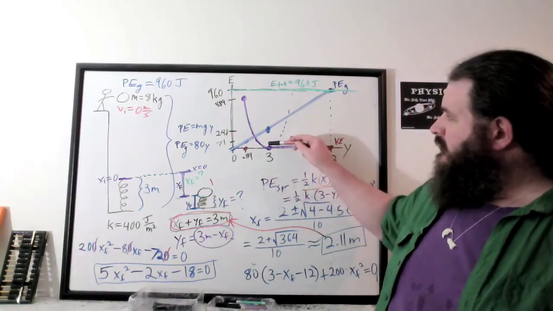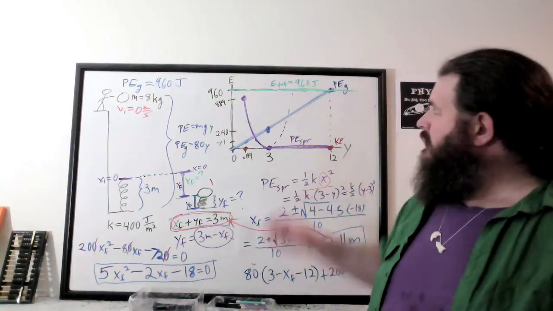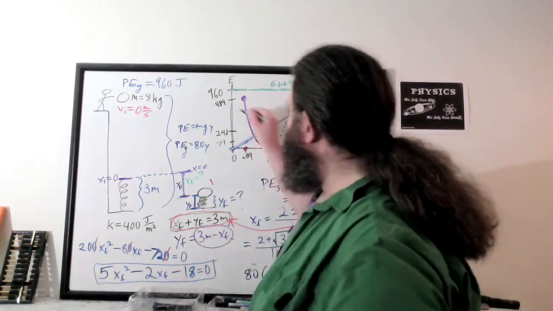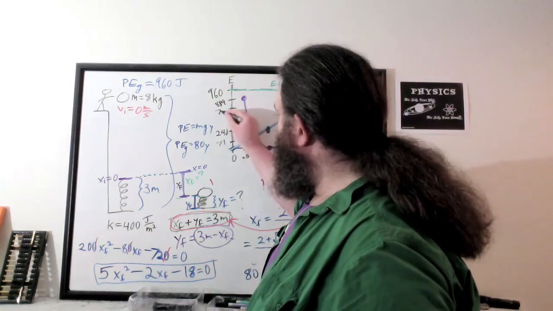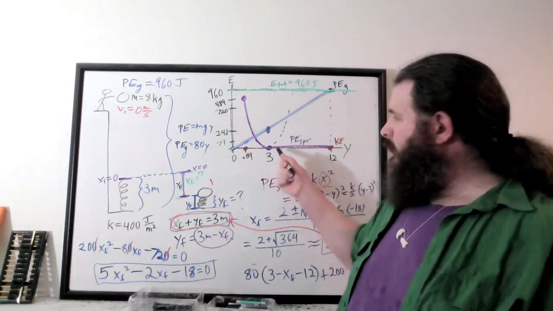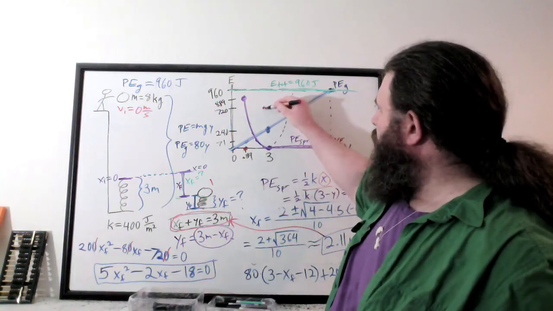So if we deduct 0 and 240 from 960, we get the kinetic energy. 960 minus 240 is 720. So we can say that at the location where the ball hits the spring, the kinetic energy is 720.